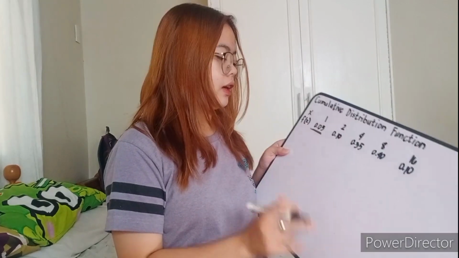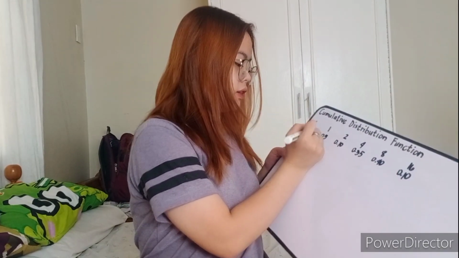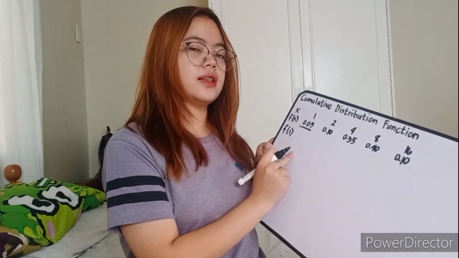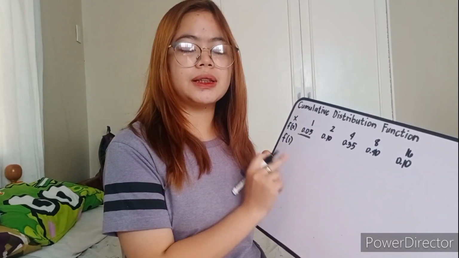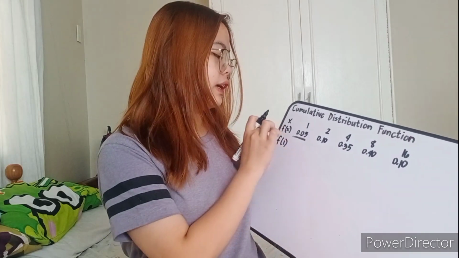To solve the cumulative distribution function of x, let's say F of 1. So, saan natin nakuha F of 1 na to? Ang cumulative distribution function kasi, dinedenote siya ng F of x.